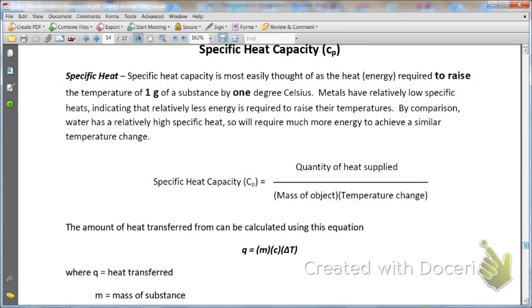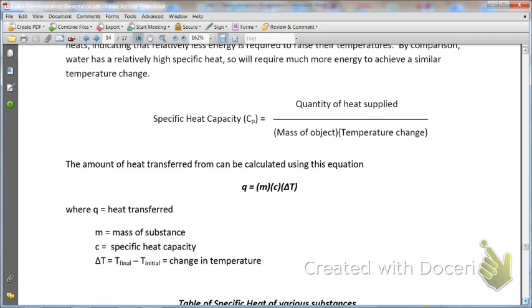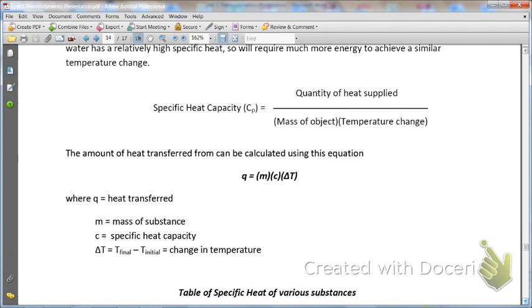All right, now we can rearrange our equation to find specific heat. And when we rearrange it in such a way, we set everything equal to heat. So heat is equal to M, which is the mass, times the specific heat, times the change in temperature.